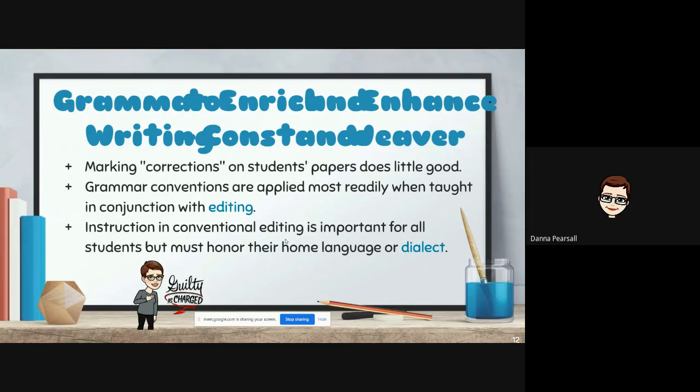Just when you're talking to students, not to say, hey, this is wrong, don't do it this way, but maybe phrase it in a way that this is academic reading and writing, and this is how these grammar concepts are used in academic writing, which does not say that whatever kind of speech that they have at home is incorrect.